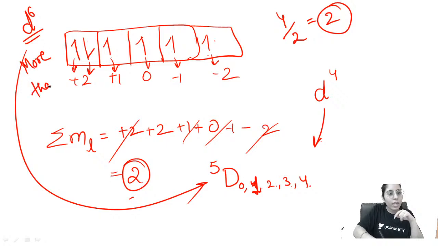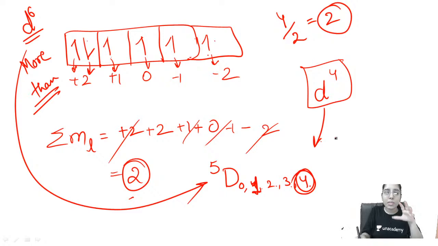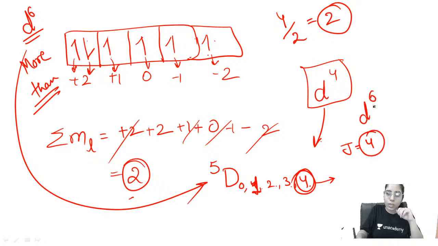For the more than half filled case, what is going to be the ground state? The largest J value will have the lowest energy. That means for the ground state, the J value is 4, for the d6 case.